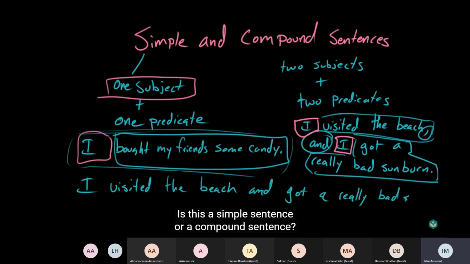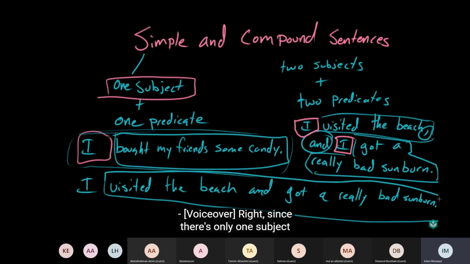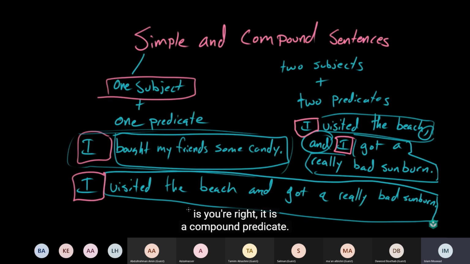Is this a simple sentence or a compound sentence? Because this looks like what you would call a compound predicate. Right. Since since there's only one subject in this sentence, there's only I, and it's only said once, right? Mhm. You don't have I visited the beach and I got a really bad sunburn. That whole thing, visited the beach and got a really bad sunburn, is, you're right, it is a compound predicate.